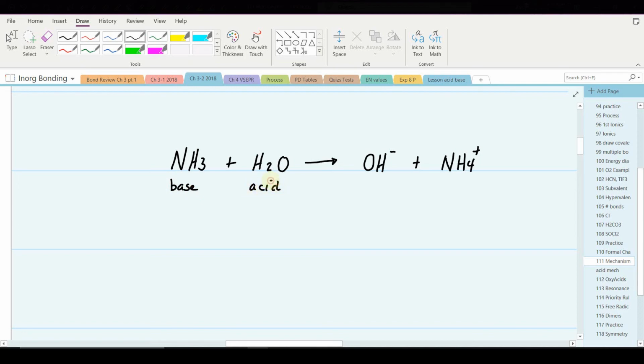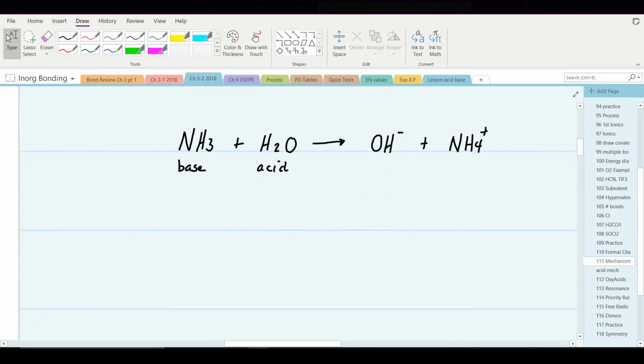All right, let's draw the Lewis structures, and then we can draw the mechanism. So here's ammonia. Here's water. So in order for oxygen to become an anion, it must gain an electron. Notice that the ammonia picks up an H+.